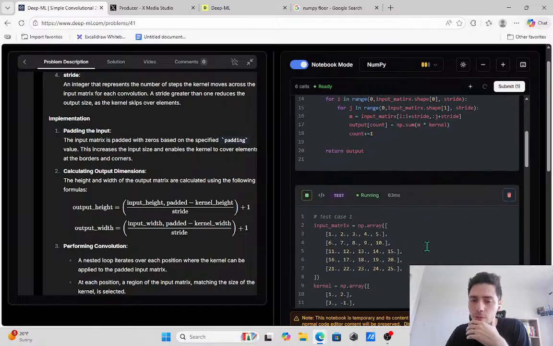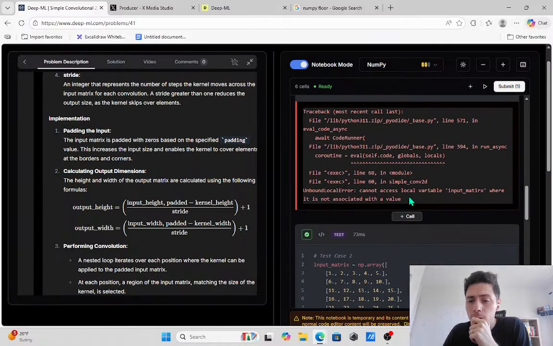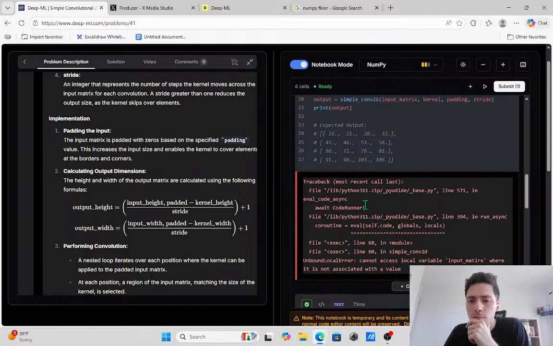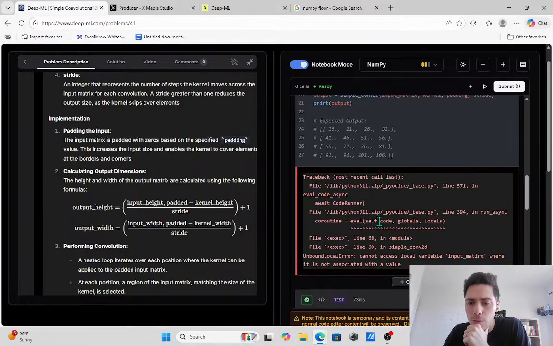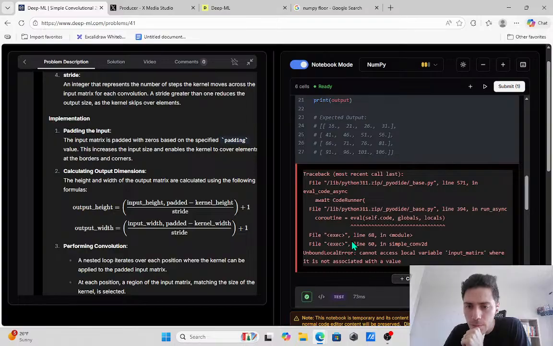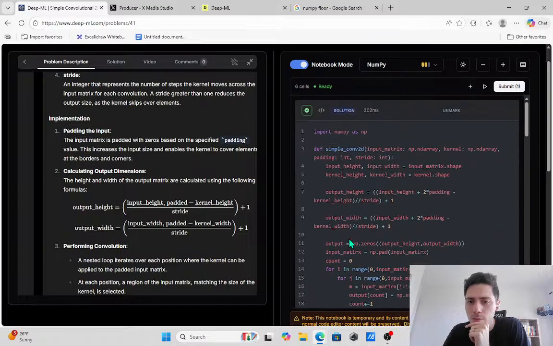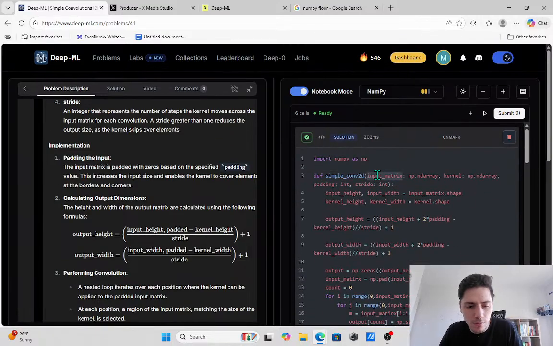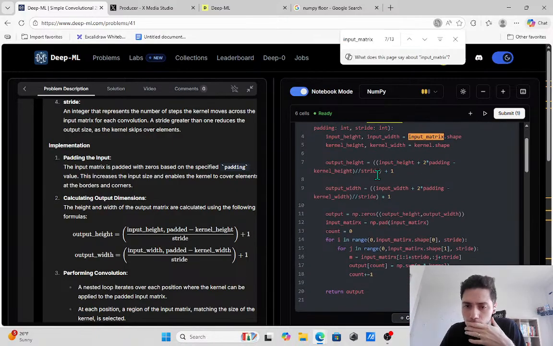And that, let's see if this even... which line it's on? Not really. Cannot access local variable input matrix where it is not associated with a value. Are we given? Again, guys, spelling. Very important.